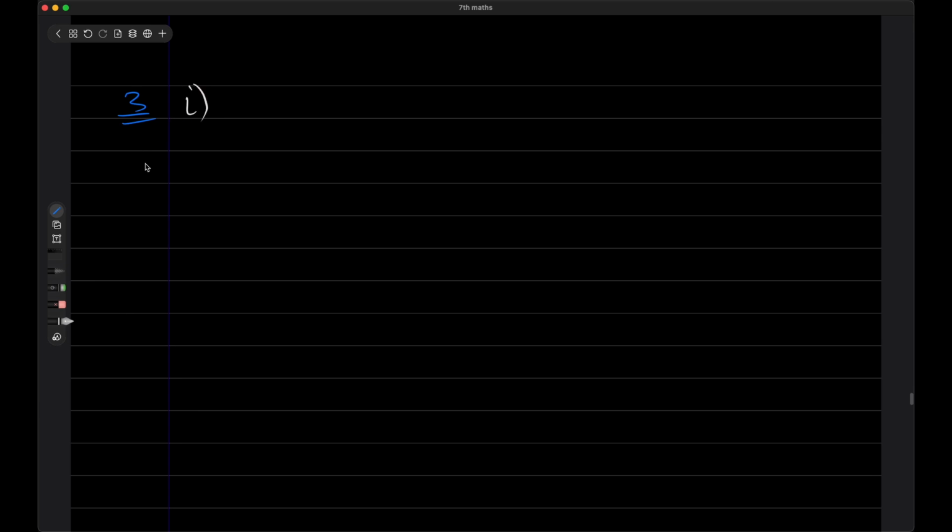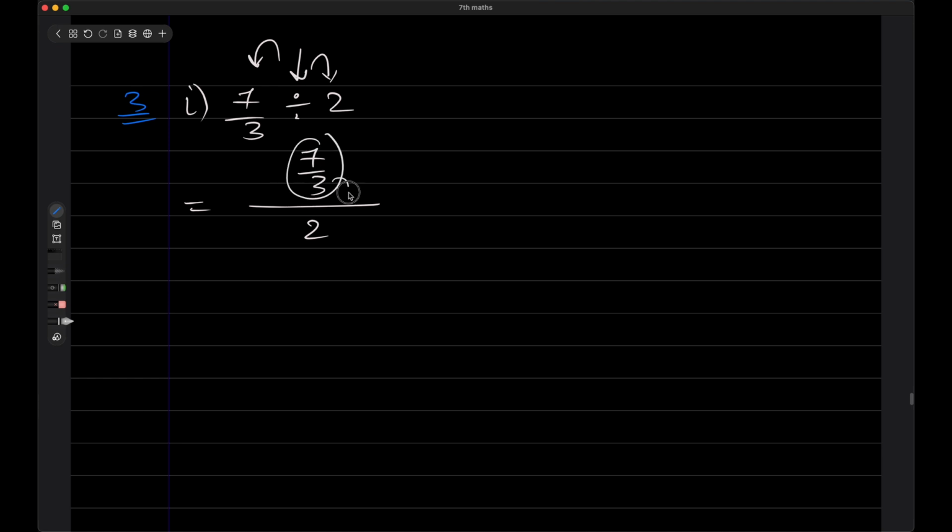First is 7 by 3 divided by 2. Starting from the division sign, write left side above the division sign and right side below the division sign, that is 7 by 3 and 2 below the division sign.